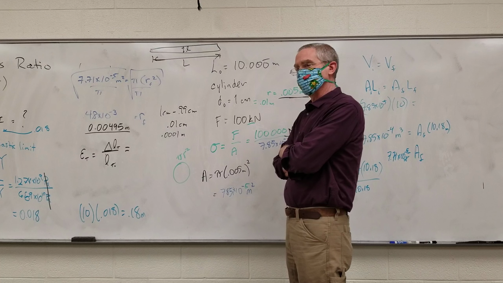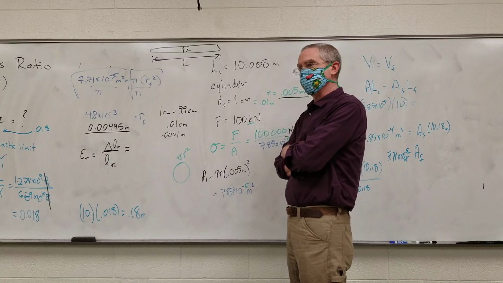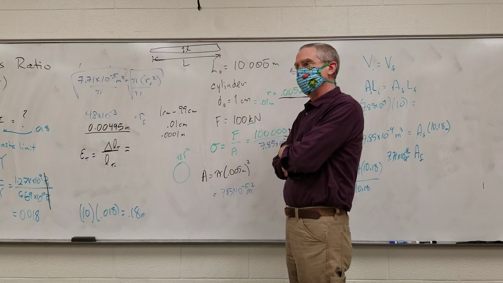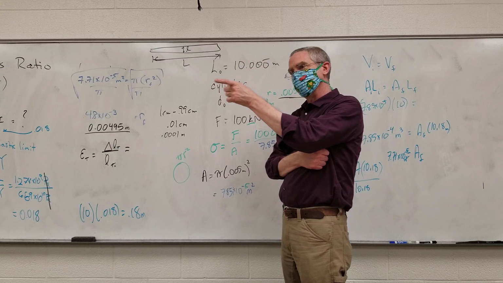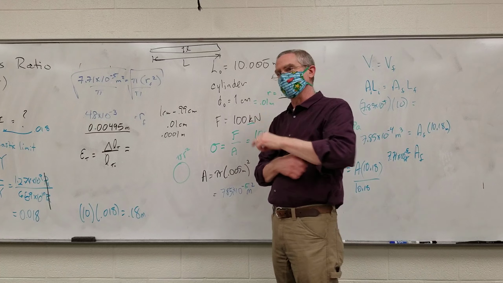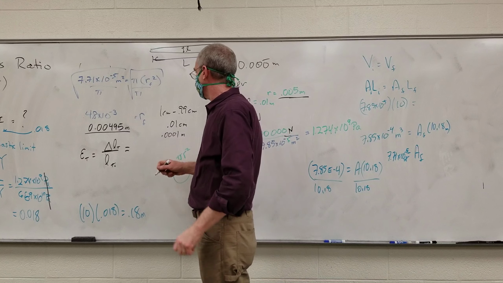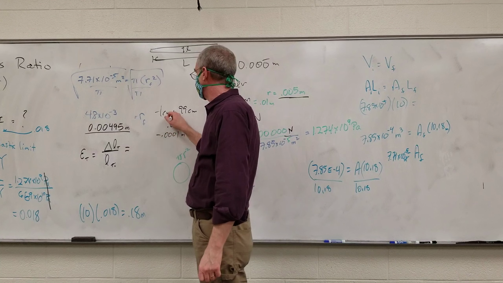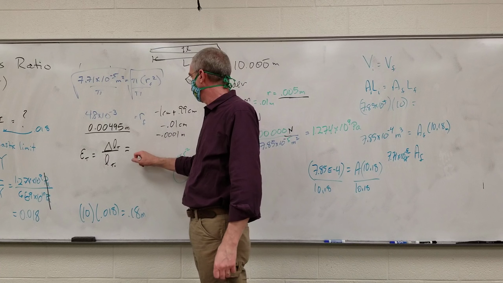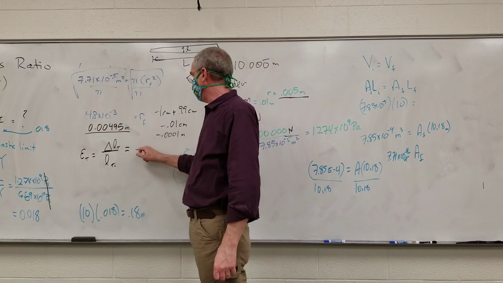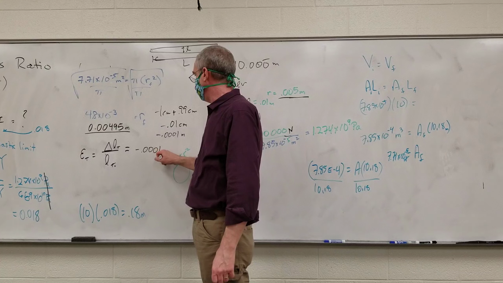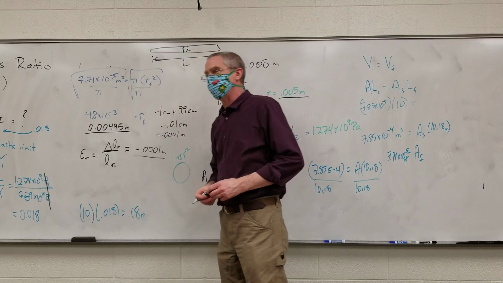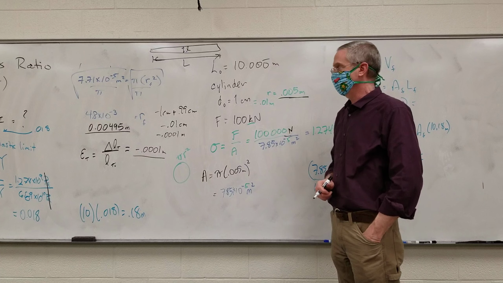There's a more fundamental math issue. Should it be the final minus the initial? Yes. Change is always final minus initial. So in terms of meters, negative 0.0001 meters divided by what is the initial transverse length?